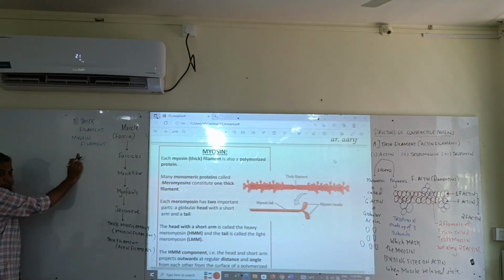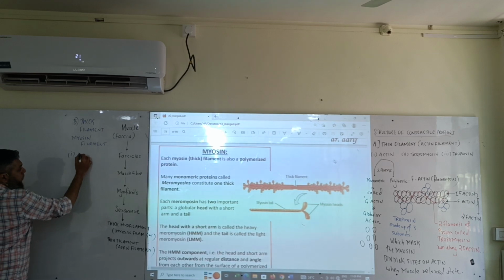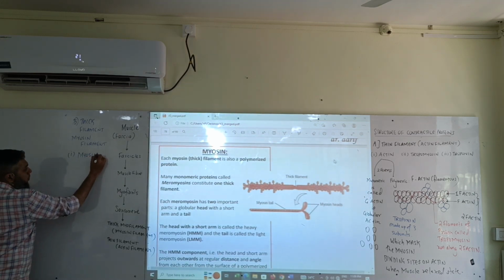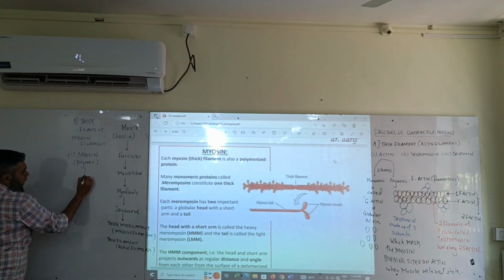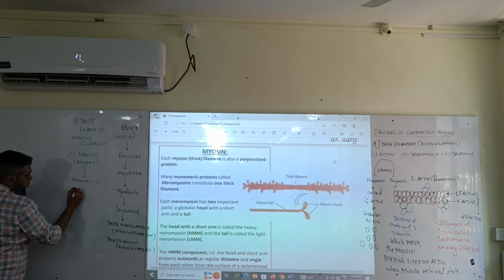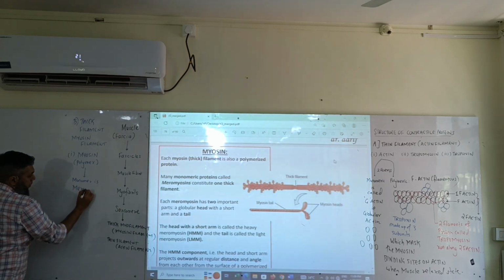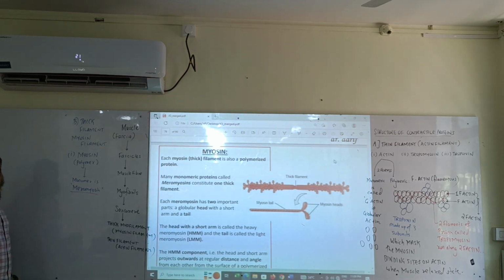What is it made up of? The myosin filament is made up of a protein called myosin, which is a polymer, and the monomer is called meromyosin. What is the monomer called?